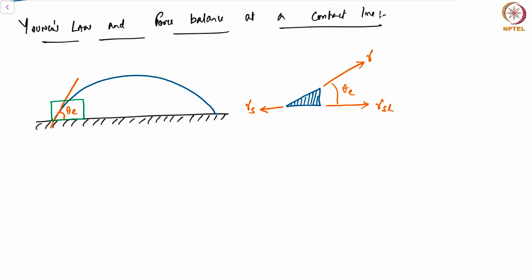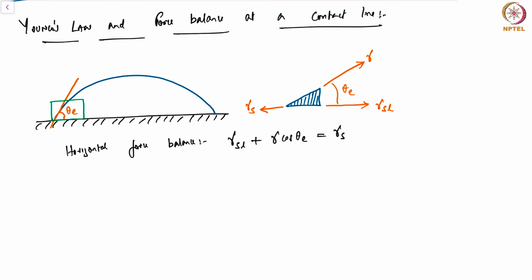Okay. So if you do a horizontal force balance, it would be gamma solid liquid plus gamma cos of theta e, that's the projection of gamma along the horizontal.